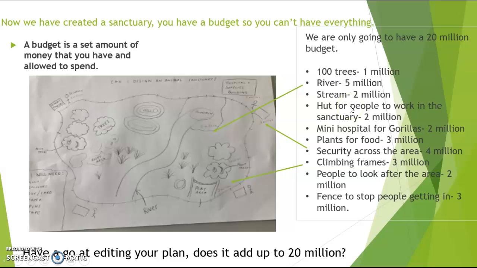Alright. Rather than draw a completely new plan, I want you to look at the plan that you have just made, and I want you to maybe add up all of the things that you have and see how much money that you've spent.